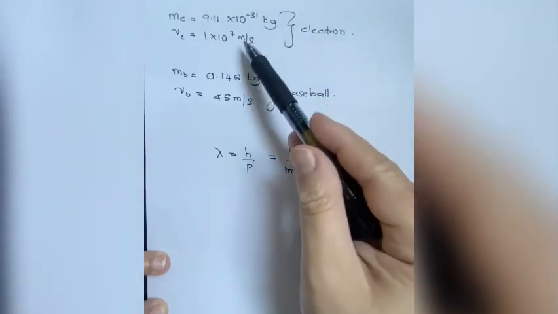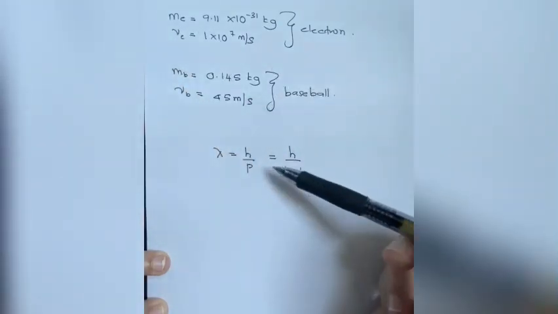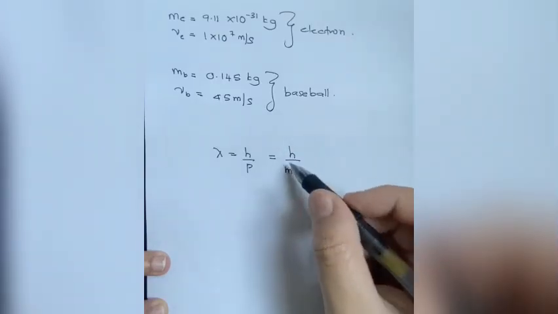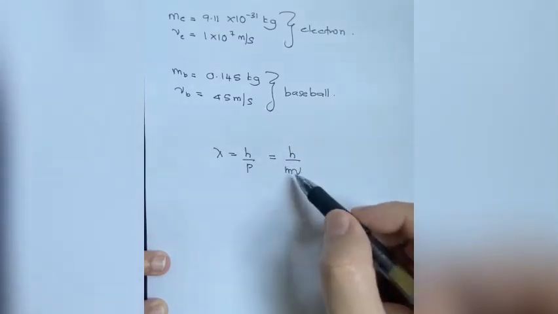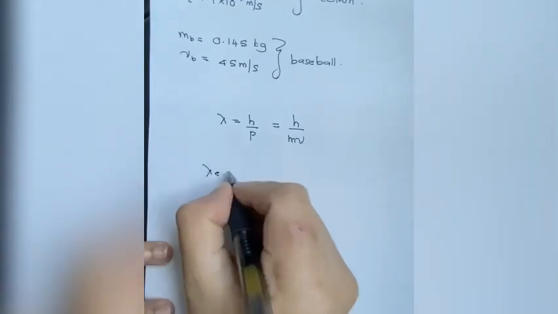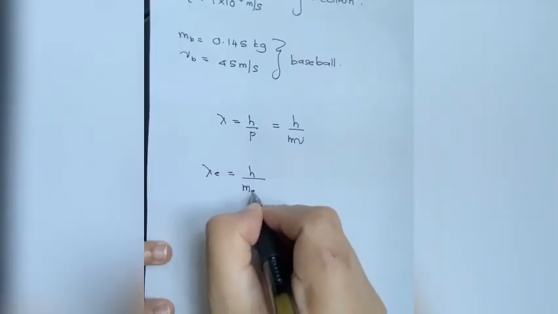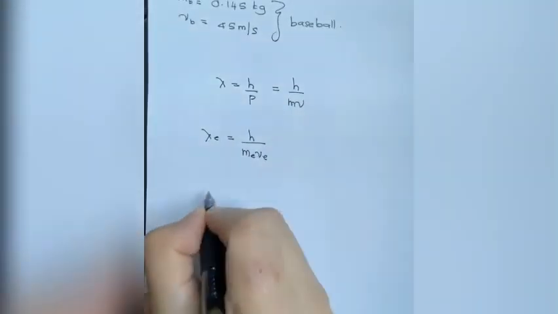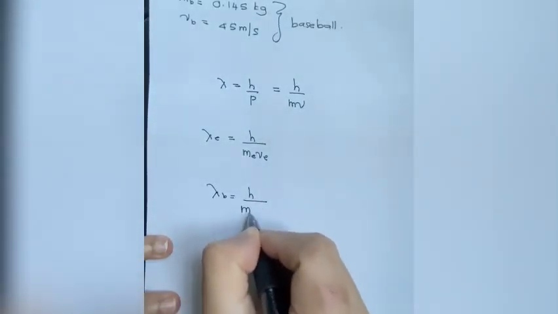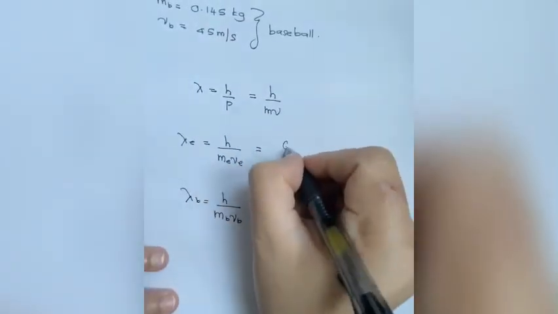In this example, you are given the m and the v, so that's why you use this formula. Automatically, for the electron it becomes h over m_e v_e, and for the baseball it becomes h over m_b v_b.